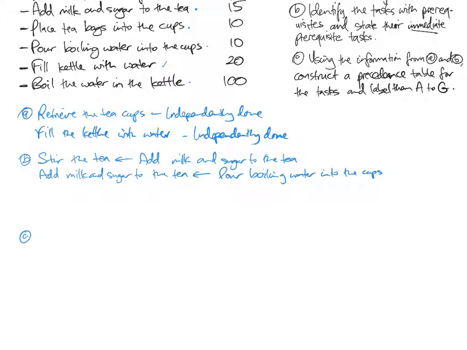The next non-independent would be pour boiling water into the cups. What would I immediately have to have done before that? Well, boil the water in the kettle, I would guess.